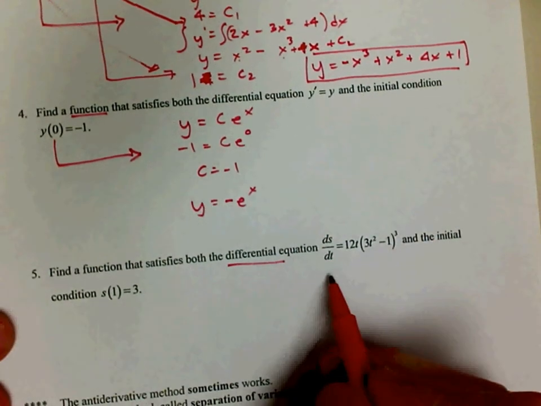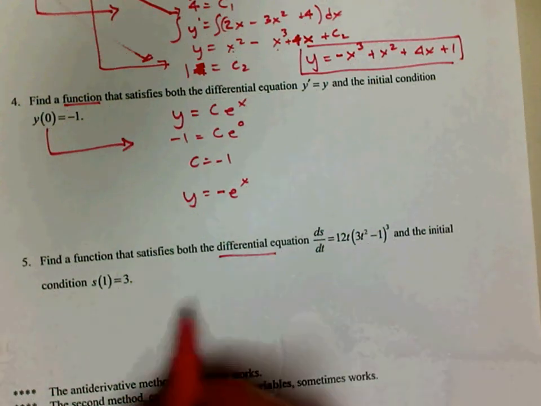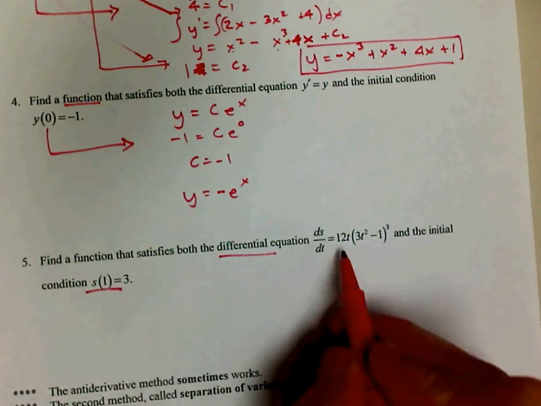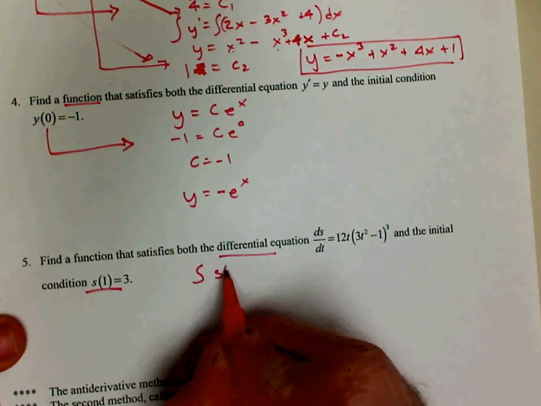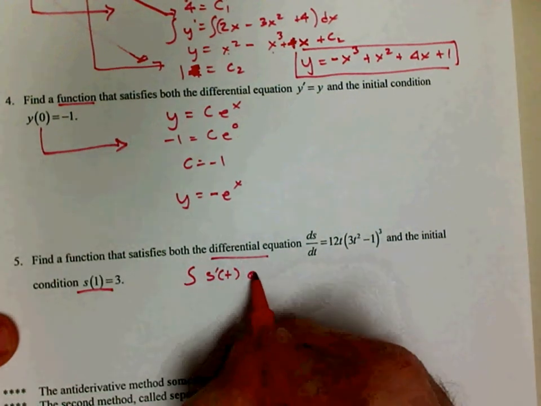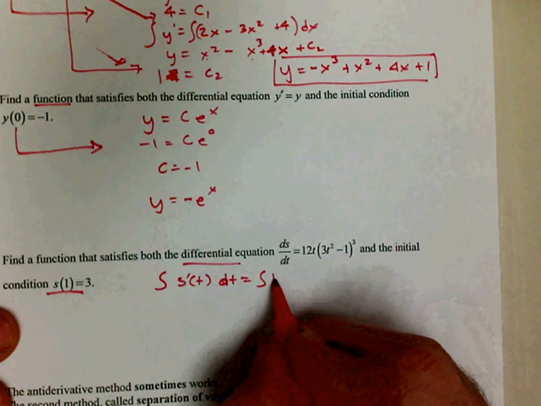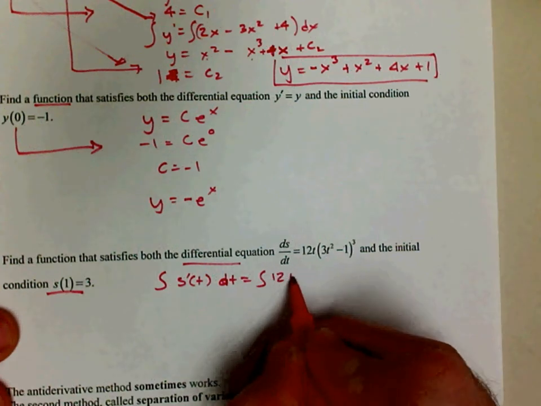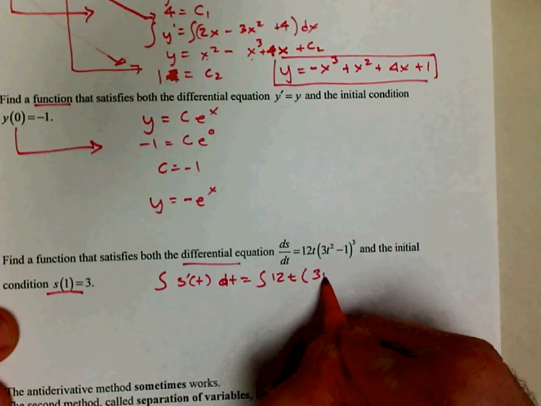We have this initial condition, so we will go ahead and integrate this s prime of t with respect to t. I guess I should put my dt in there, is going to be the integral of 12t times 3t squared minus 1 all cubed with respect to t.